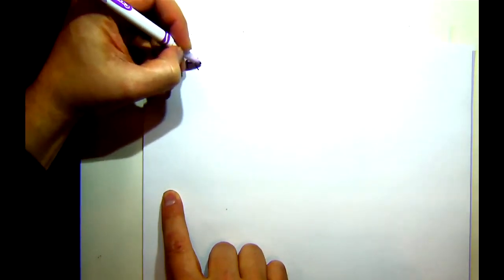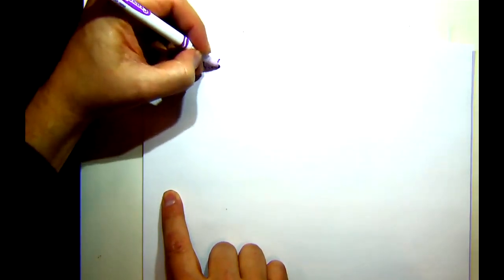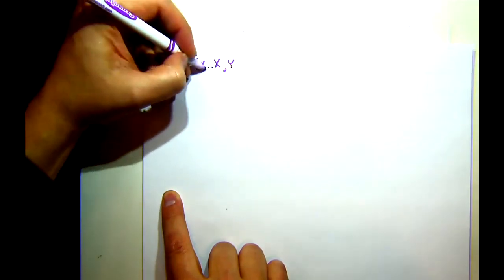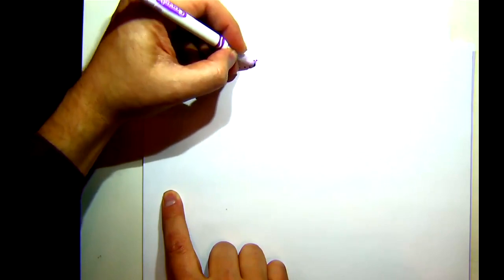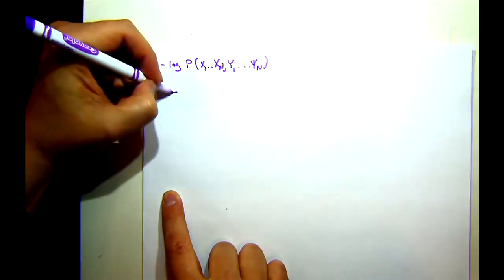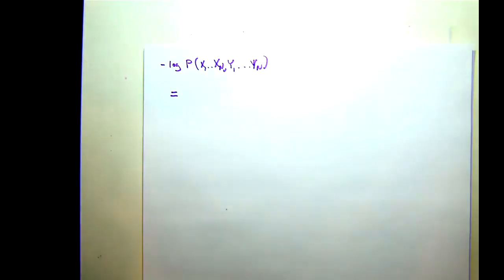We typically look at the negative log probability of the x sequence and y sequence. This is going to be equal to, remember we have a bunch of independences. Given xn, the probability of y is independent of everything else.